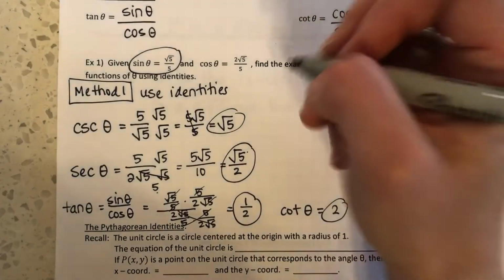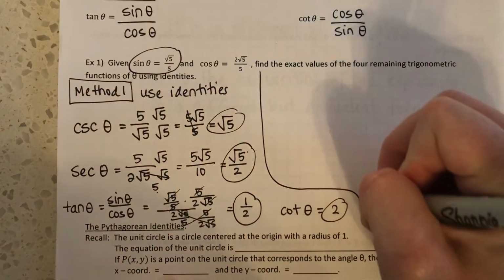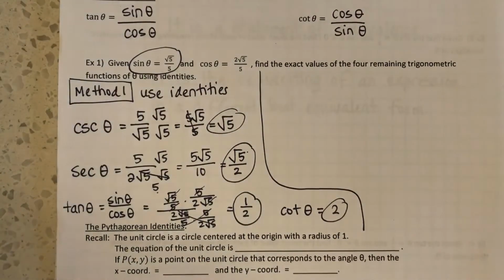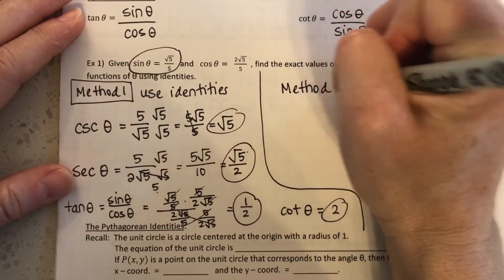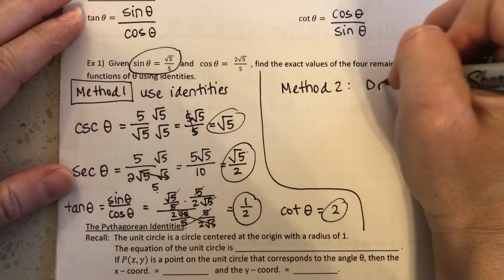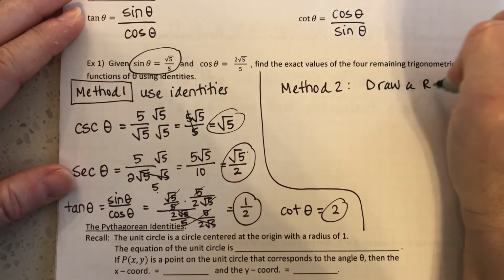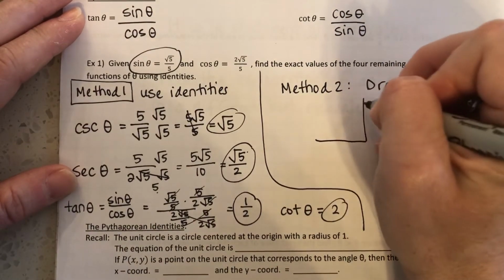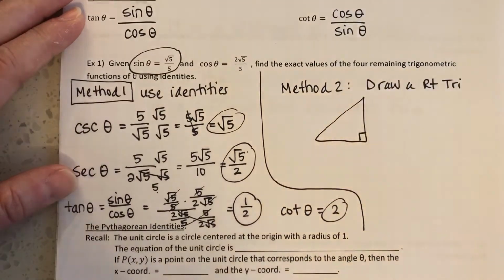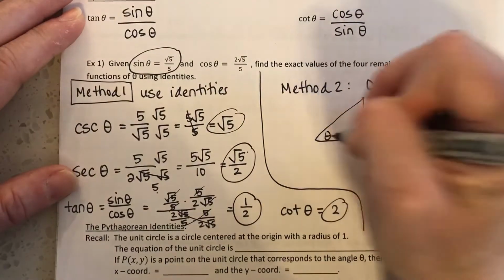All right? Now, another way to do this is just, guys, draw a right triangle. If you draw a right triangle, right? Give yourself one of the angles to work off of, theta. Think about it.